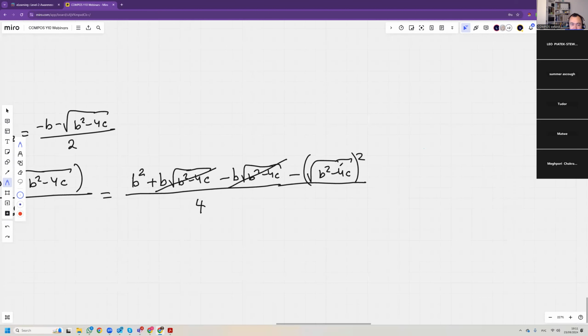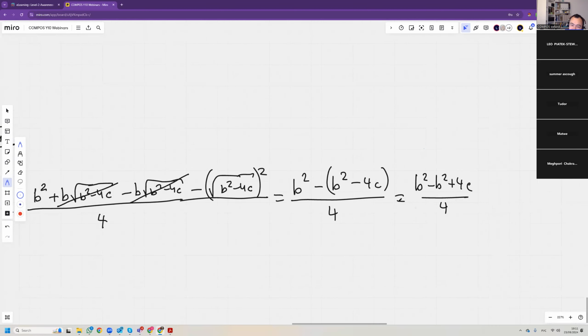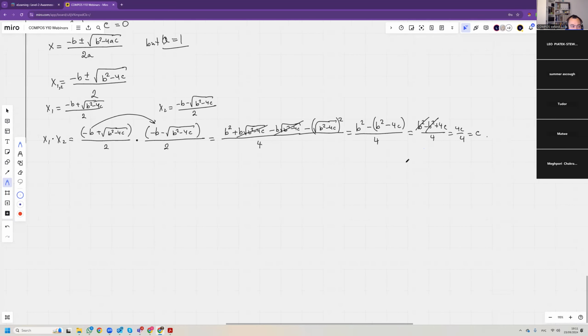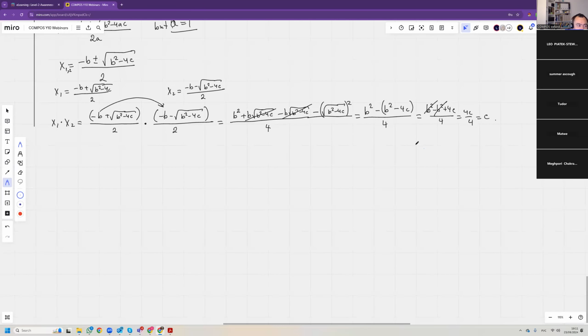So it's just b squared minus (b squared minus 4c) over 4. If you open the brackets, it's b squared minus b squared plus 4c over 4. B squared minus b squared is 0, leaving 4c over 4, which is simply c. So I've shown that x1 times x2 is indeed c.